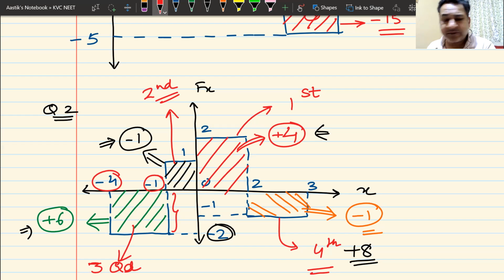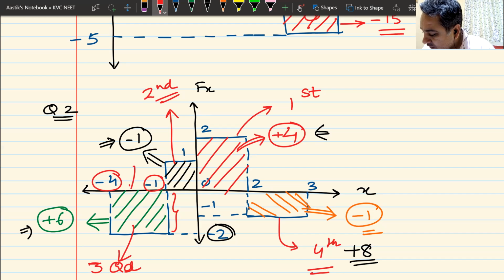Areas are always positive. The only problem here is there's a dot product, and the dot product gives it positive or negative. And for that dot product, I've given you the concept that if the area lies in the first quadrant, I will take it as positive. If the area lies in the second quadrant, I will take it as negative. If the area lies in the third quadrant, positive, and area lies in the fourth quadrant is negative. Lengths are never, ever negative. Do we understand this now? Loud and clear. Yes or no?